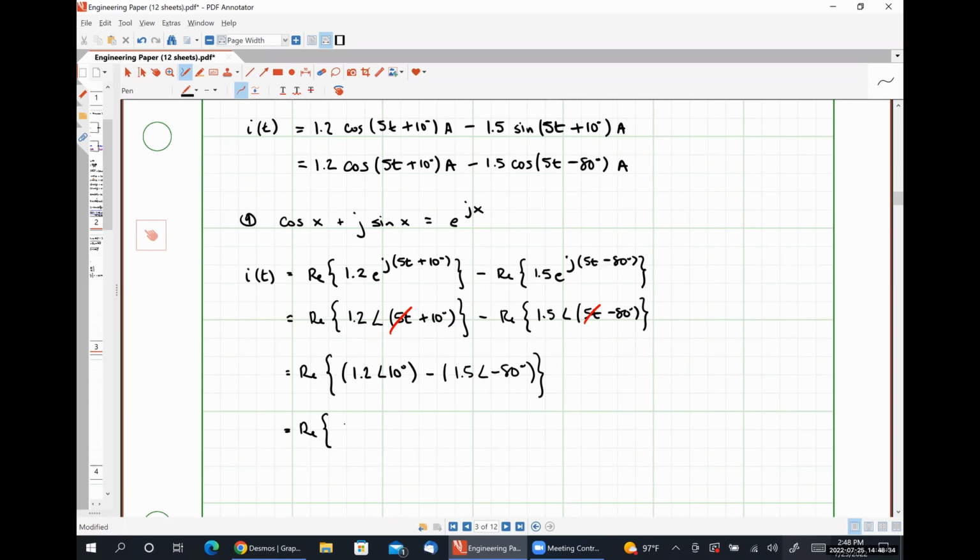But the result I'm getting is 1.921 angle 61.340 degrees.